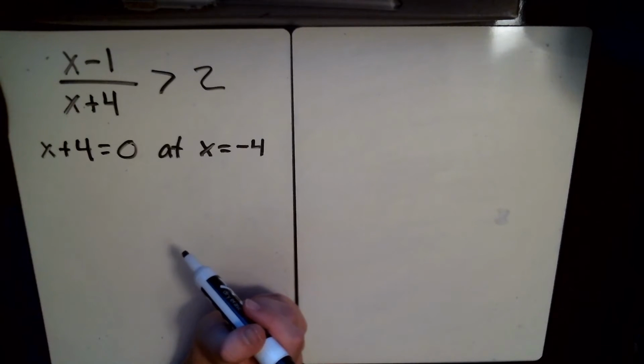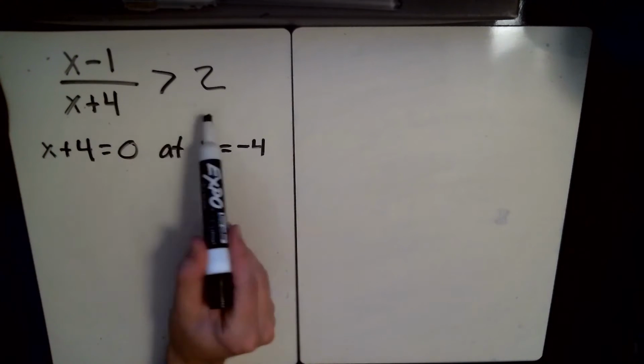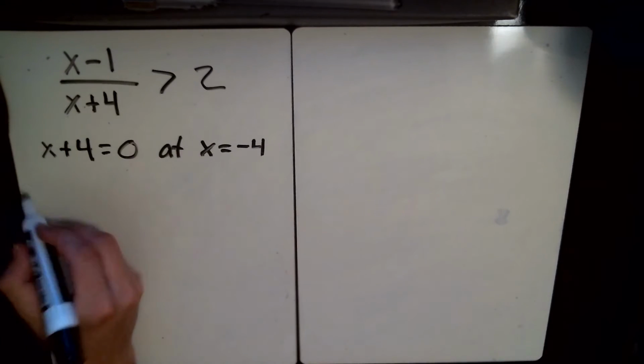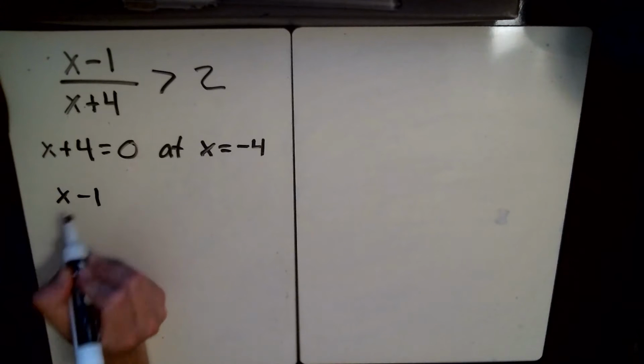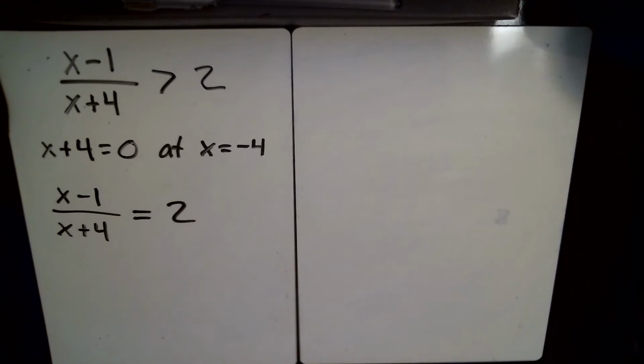The other points where this could change whether it is true or not is where these two things are equal to each other, right? So when x minus 1 over x plus 4 equals 2. I'm going to set those two equal to each other and then solve for x to figure out the other places where this inequality could change from working to not working or vice versa.